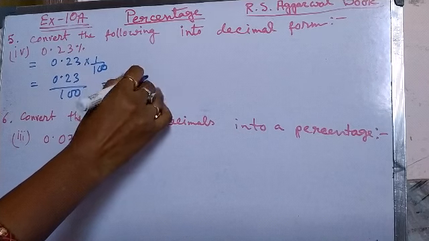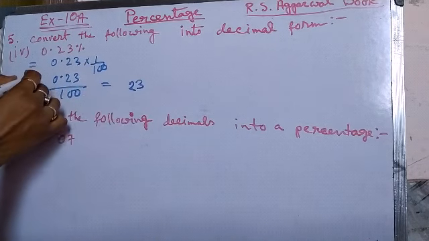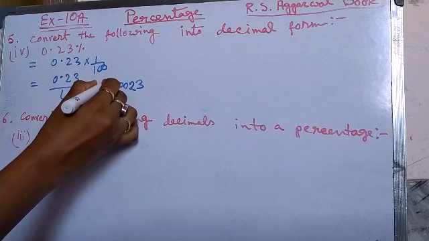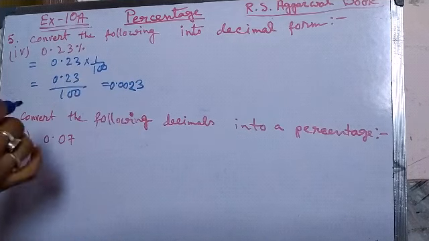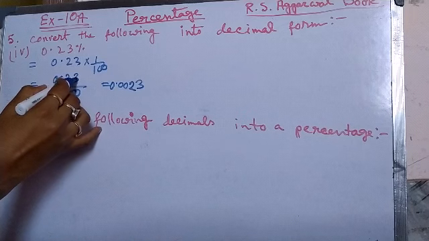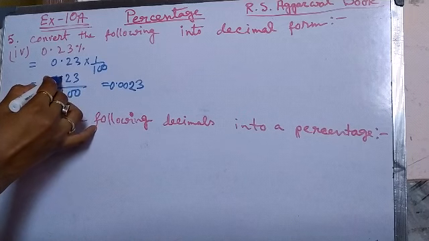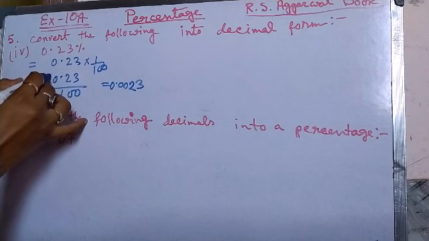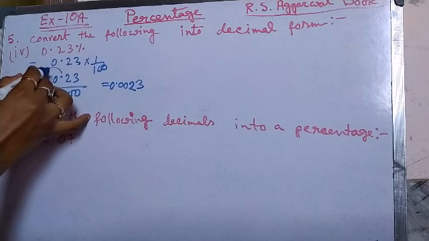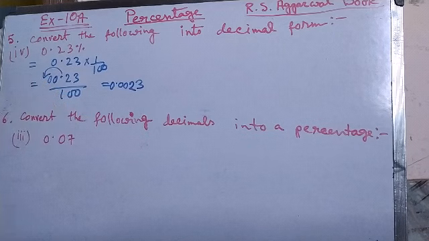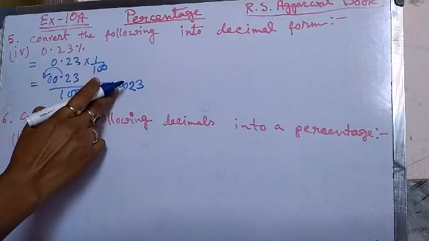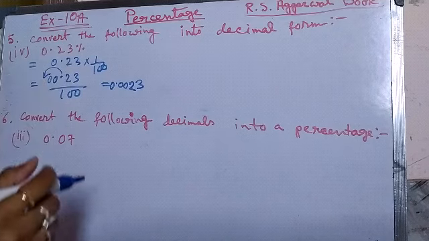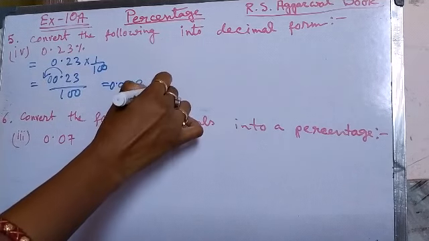So 2 3 will be here and then before 2 digits the point will be shifted. That means 2 zeros will be here. I repeat once again, before 2, 3, that means 2 digits before the point was there. Then for these 2 zeros, this point will be shifted before 2 digits. I have written that 0.0023. So this is the answer.